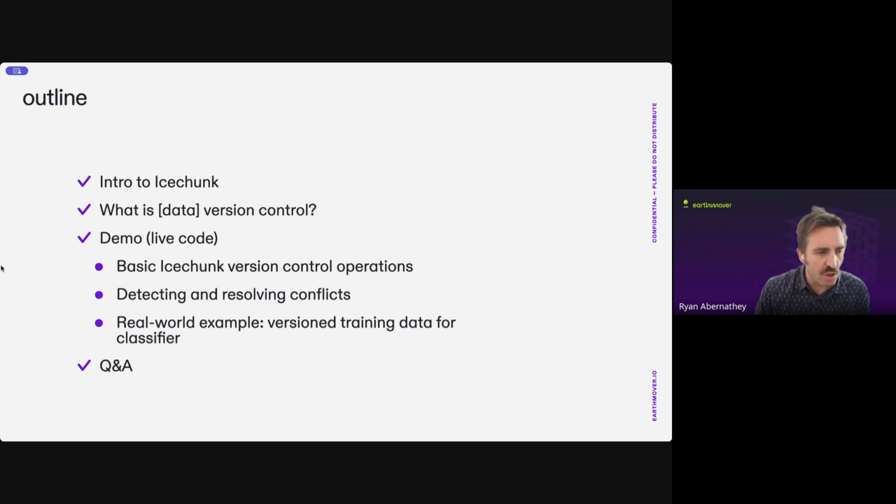And then I'm going to switch over to a demo where I can do some live coding and walk you through some real world examples of how we use Icechunk in the context of version control, etc. And this will get increasingly complex, and then time permitting at the end, we can look at a pretty fun real world example where we're generating some training data with a simulation and then running a neural network classifier model on that and using Icechunk to tie everything together with immutable versions.